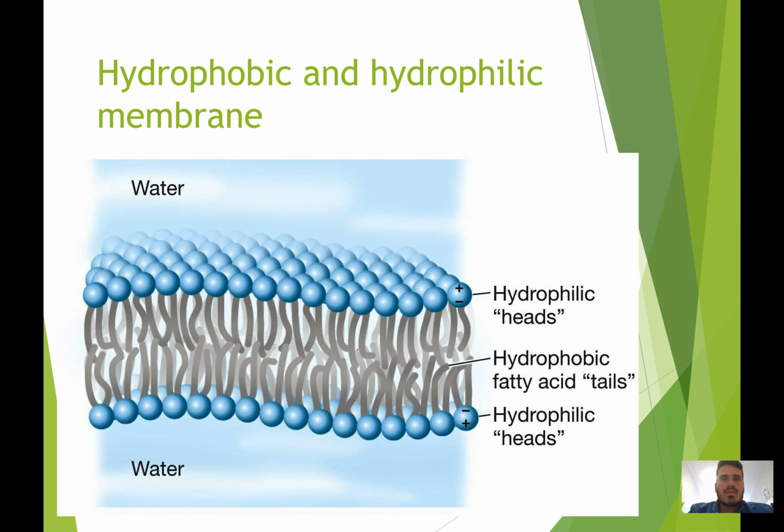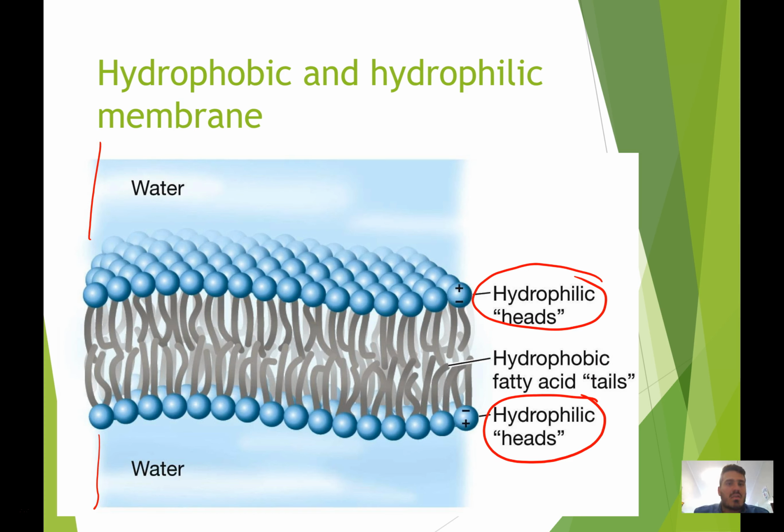Let's do it. So, remember that the plasma membrane has hydrophobic and hydrophilic sections. We've got the hydrophilic heads, which are on the outside of the membrane. The reason they're on the outside is because both the outside of the cell and the inside of the cell are mostly water, whether it's the cytoplasm or whatever surface the cell is in.